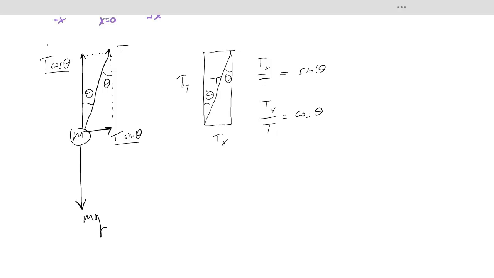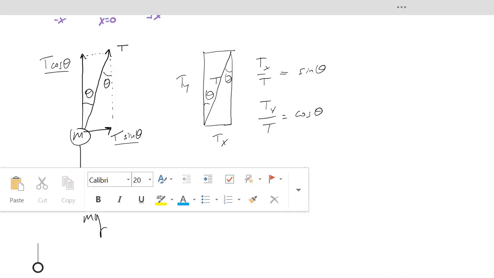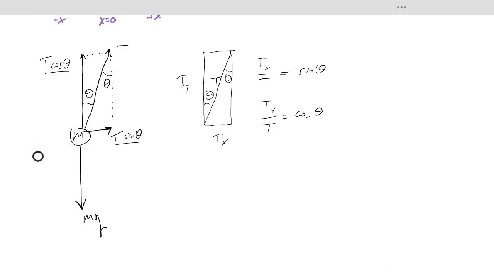So you have to be aware of how you set up your triangles, and keep track of what are your adjacent sides and your opposite sides relative to the angle in question. If we were looking at the other angle instead, then things get flipped. So again, for the small angle, we're assuming that theta is really tiny, such that sine of theta is approximately theta.